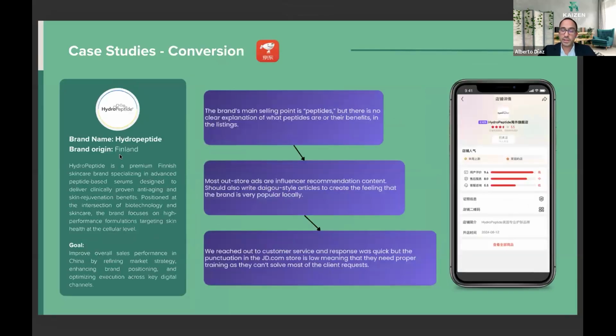And last but not least, after traffic and SEO, is going back to conversion. Here we have another European brand where the problem we identified at the beginning was the communication of that landing page we described, that 相信页, that first message of why we are special. The clients were asking multiple times, what is peptides, which is the main selling point of the product.